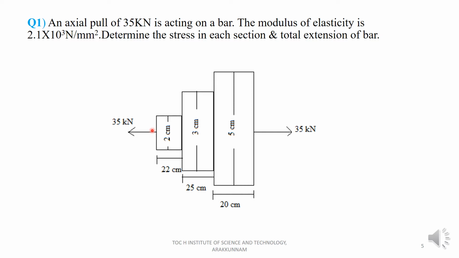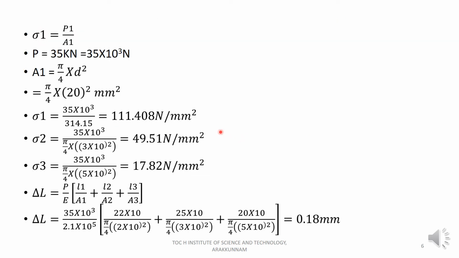Just find the area of section 1, section 2 and section 3, and then divide: load divided by pi by 4 into 2 square, load divided by pi by 4 into 3 square, and load divided by pi by 4 into 5 square will give the stress in each section. We can find the values in terms of Newton per mm square, so convert all the areas into mm square.